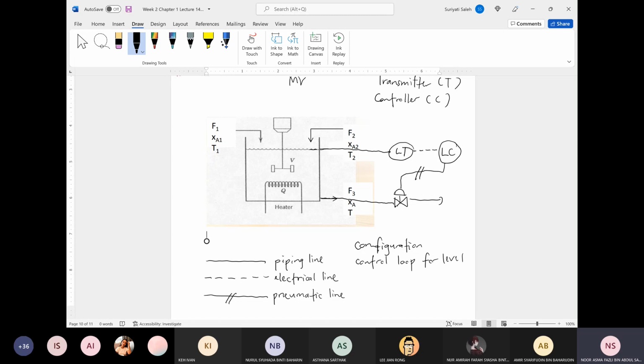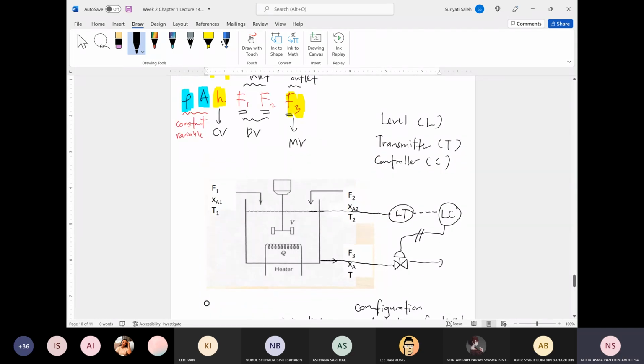So this is the configuration control loop for level. If we want to apply it to another variable, we simply change to the other related variable. For example, let's say you want to control the temperature, you use TT and then TC. TT stands for temperature transmitter, TC for temperature controller, but the arrangement is the same.